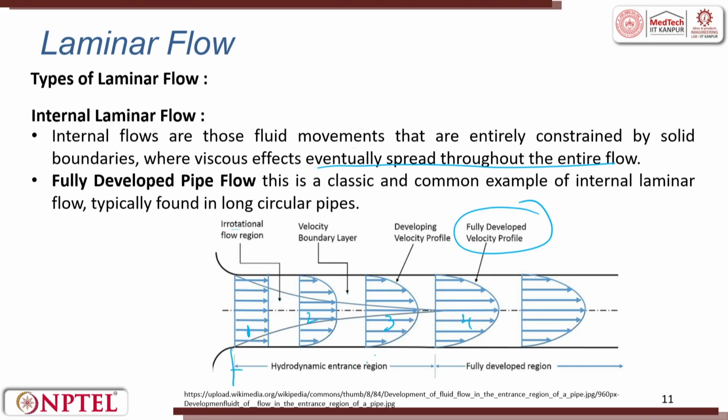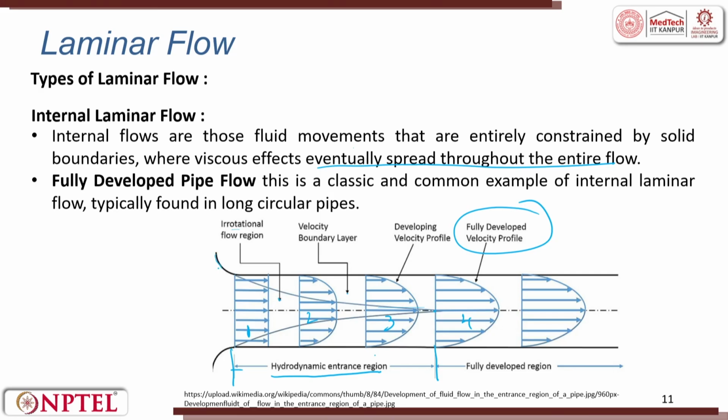From here till the time the profile is fully developed, it is called the hydrodynamic entrance region. In the previous lecture we saw hydrostatic; here we are trying to see the hydrodynamic entrance regime. This is where the profile is drawn. The irrotational flow regime is this.